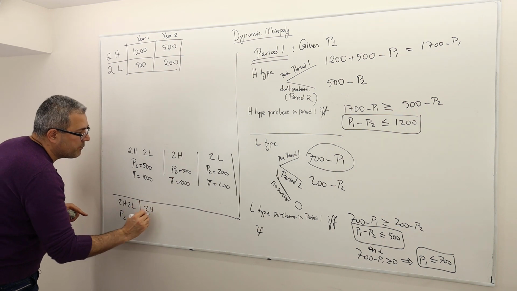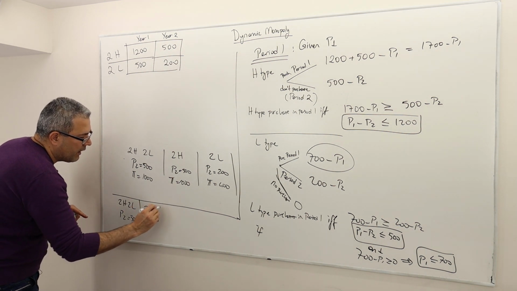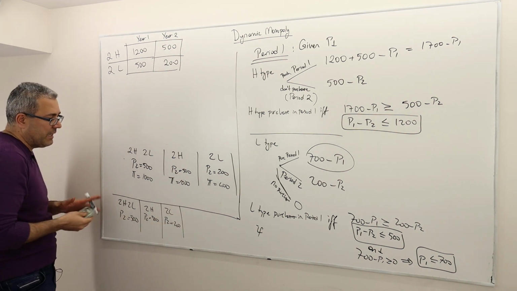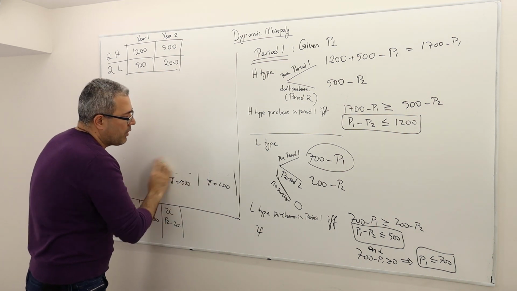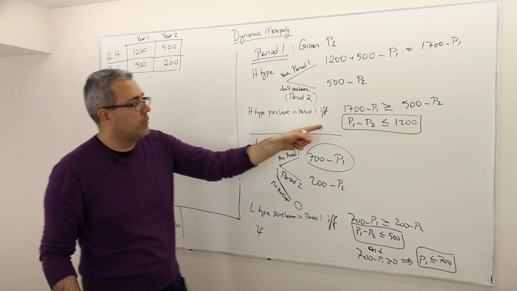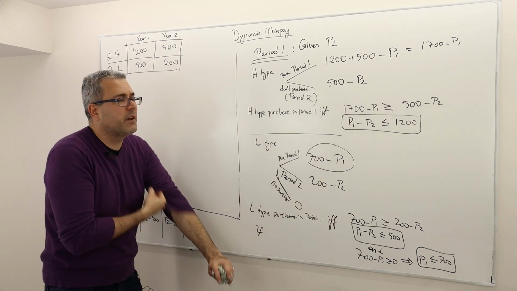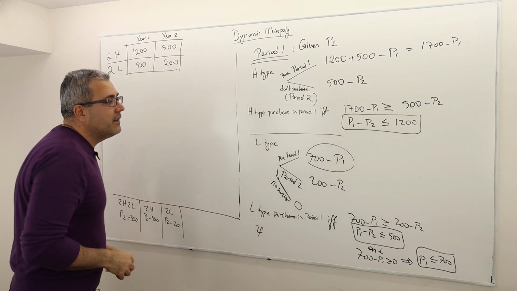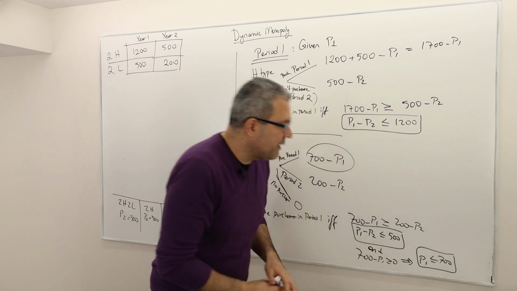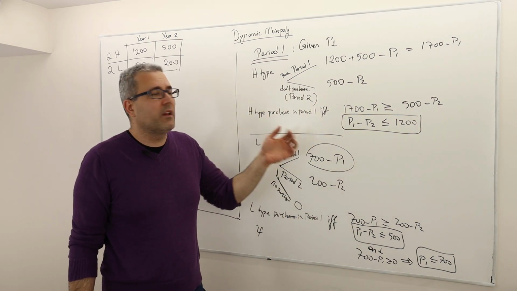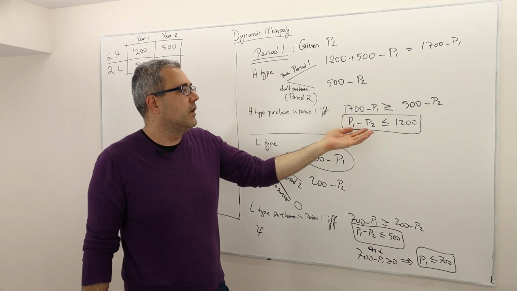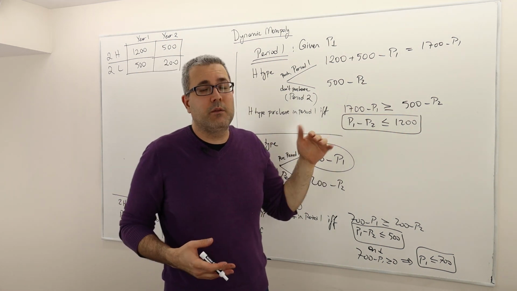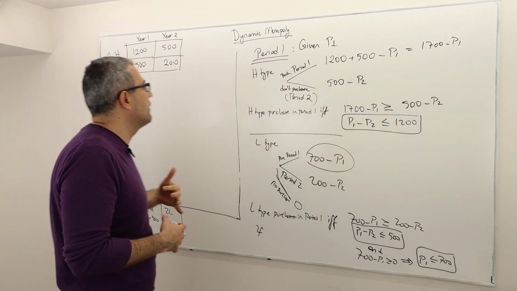If it is 2H, P2 is going to be 500. And if it is 2L, P2 must be 200. Let's keep that as well. And now I'm going to use those best responses. These are best responses as a function of P1 and P2, obviously. They intrinsically depend on what the other players will do, because P2 is going to determine what the high type and the low types are actually going to do.